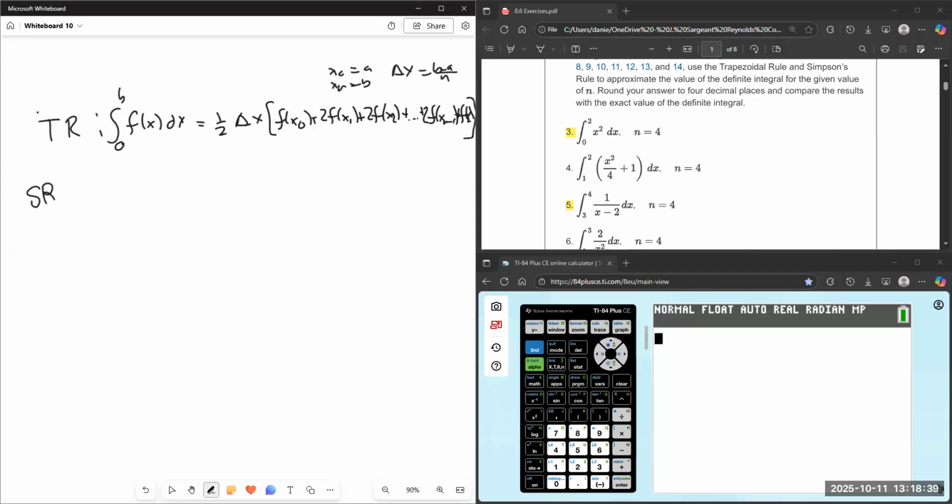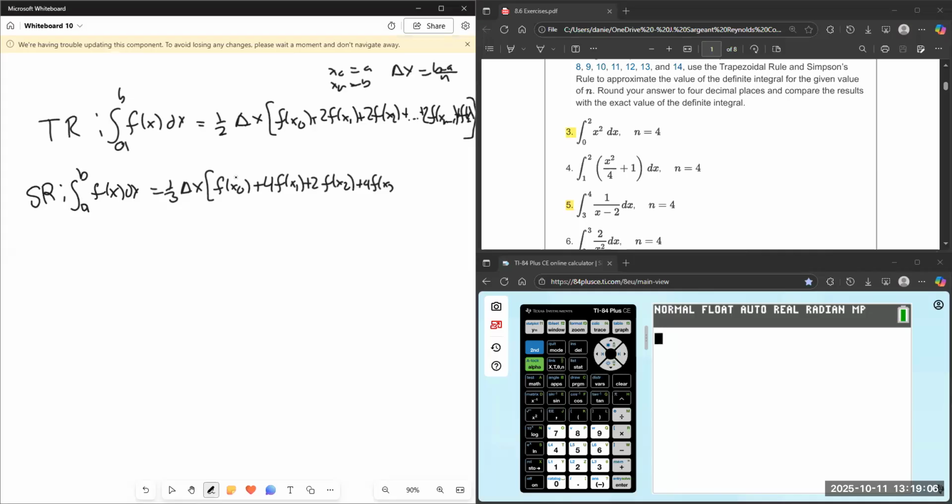Simpson's rule, which I'll abbreviate SR here, is going to be the integral from a to b of f of x dx, and it's 1/3 delta x times f of x0 plus 4f of x1 plus 2f of x2, and this pattern of 4, 2, 4, so on continues, plus ... plus 2f of xn minus 2 plus 4f of xn minus 1 plus f of xn, and we're done.